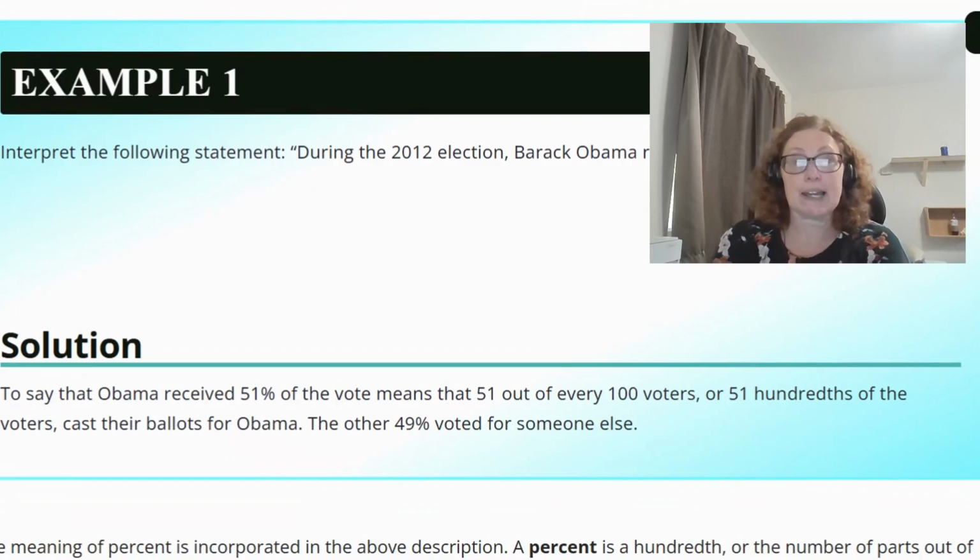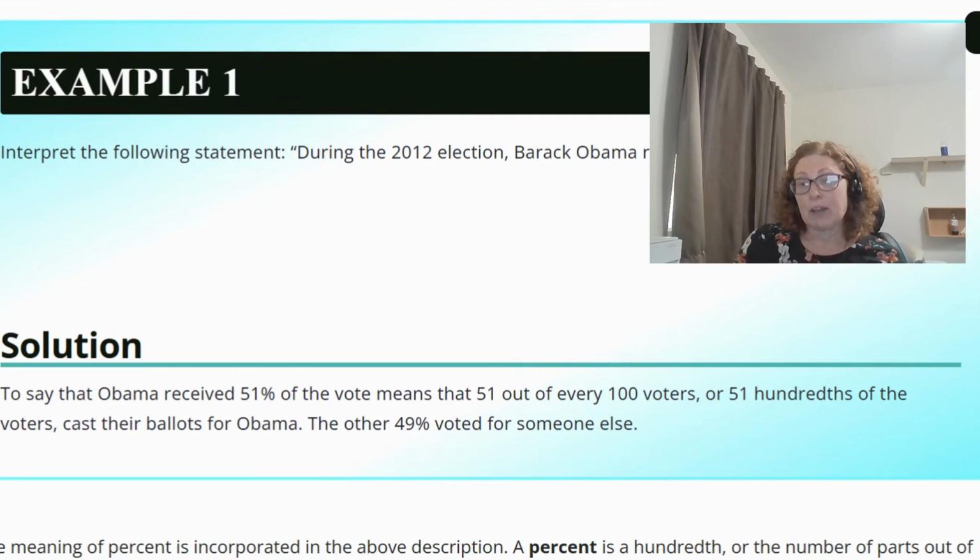When we say during the 2012 election that Barack Obama received 51% of the vote, we are saying that 51 out of every 100 voters, or 51 hundredths, remember hundredths from last time, cast their ballots for Obama. The other 49% would then have voted for somebody else.